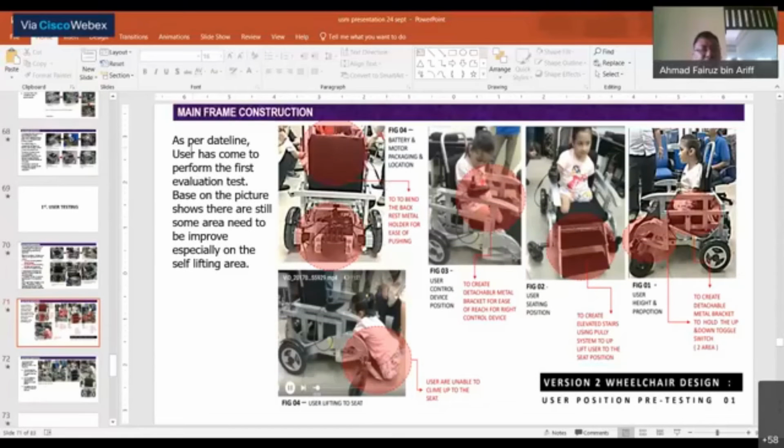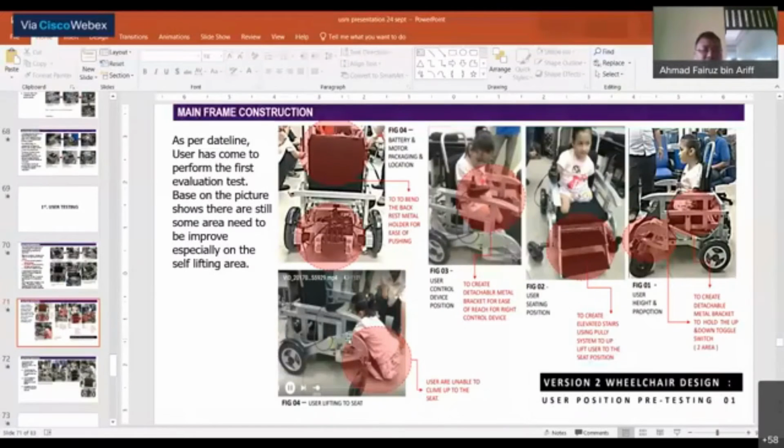As per deadline, the user has come to perform the first testing. Based on the picture shown, there are still some areas that need to improve, especially on the self-lifting area. Because our target is for the user to self-manage the wheelchair for themselves.